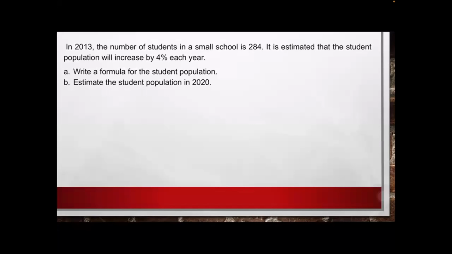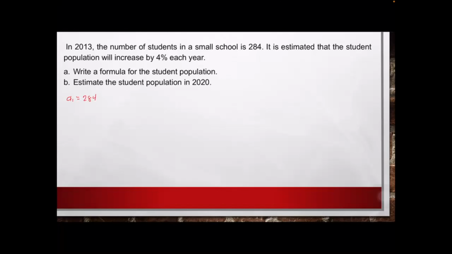Write the formula for student population and estimate the student population in 2020. So, let's identify first the given. The student population for the small school is 284. So, therefore, your a sub 1 is equal to 284.